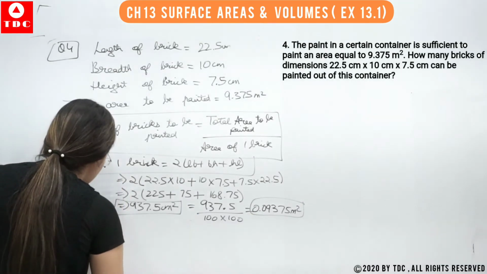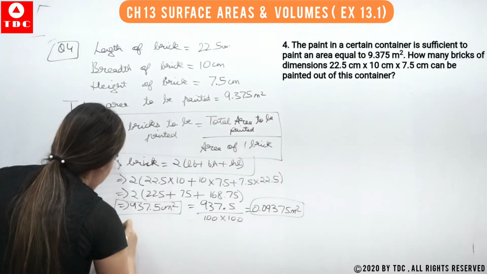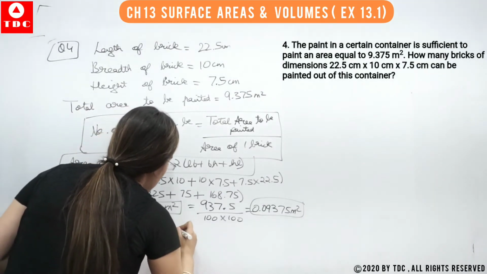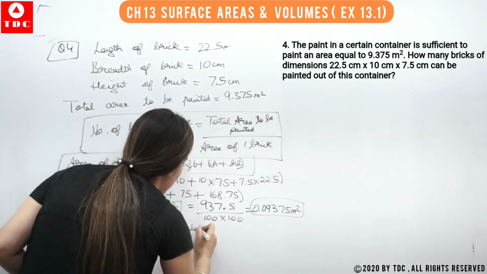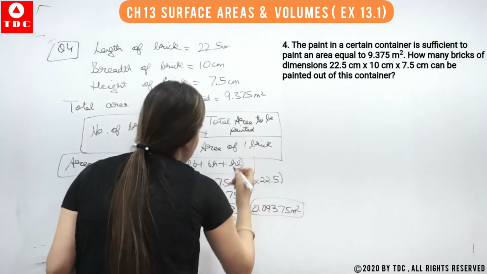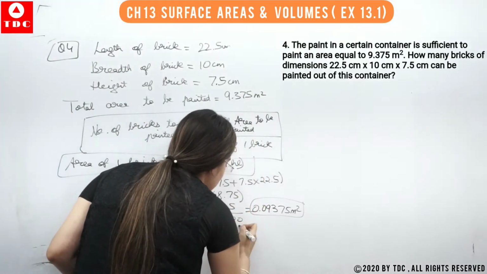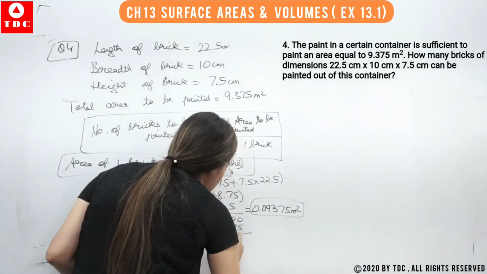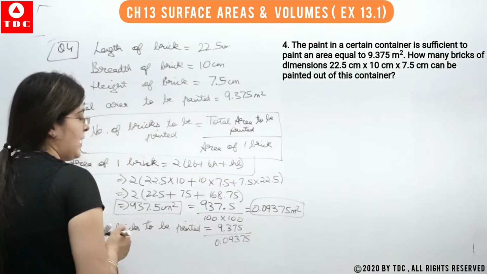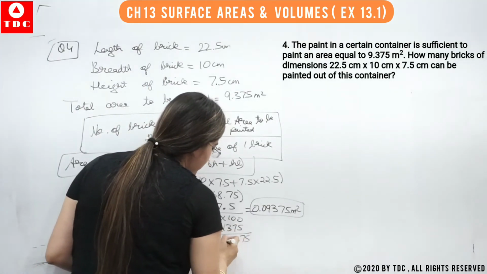Therefore, number of bricks to be painted will be how much? Total area was 9.375 upon 0.09375. Okay, remove the decimal.